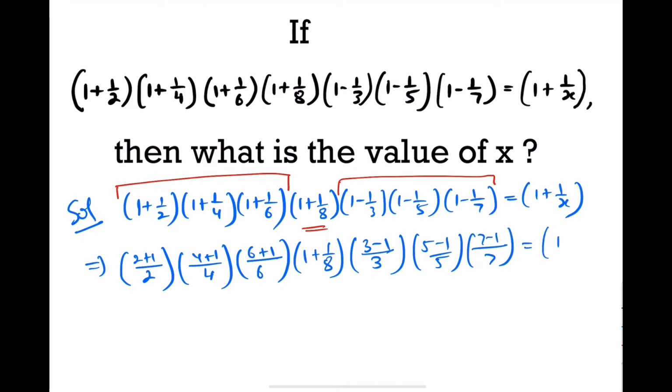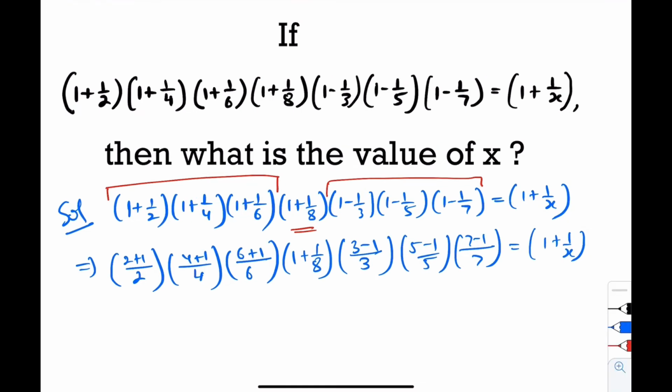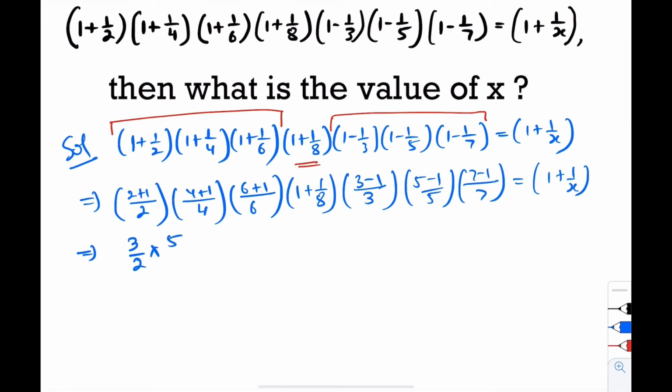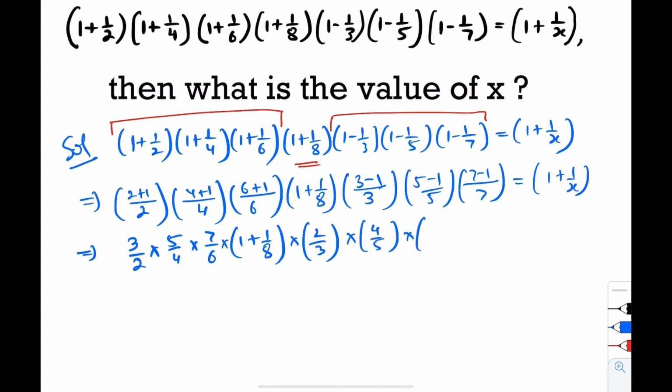So this is equal to 1 plus 1 by x. This implies 3 by 2 into 5 by 4 into 7 by 6 into (1 plus 1 by 8), now into 2 by 3 into 4 by 5 into 6 by 7, and this is equal to 1 plus 1 by x.